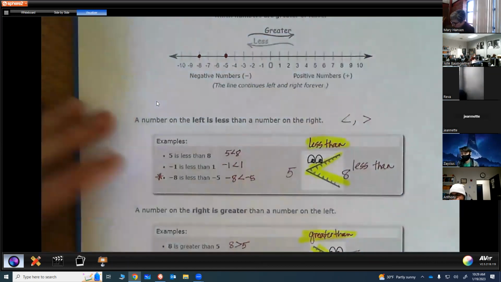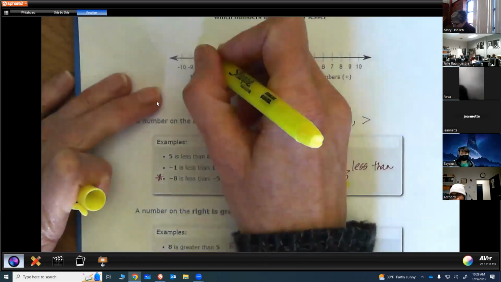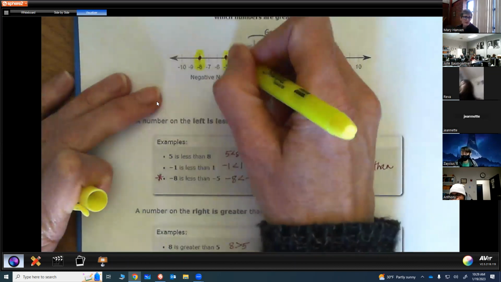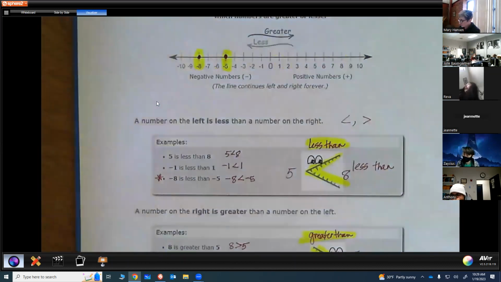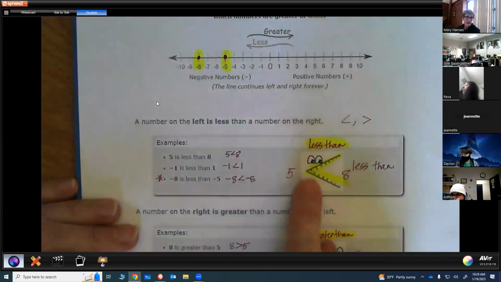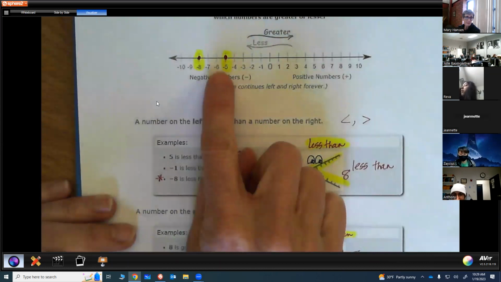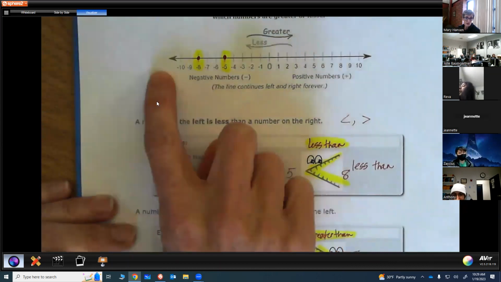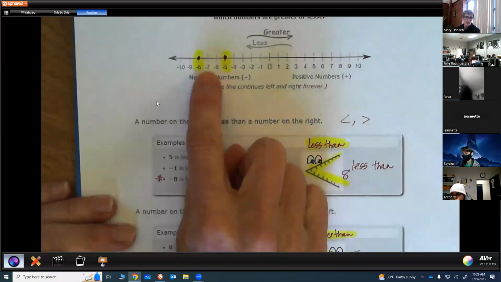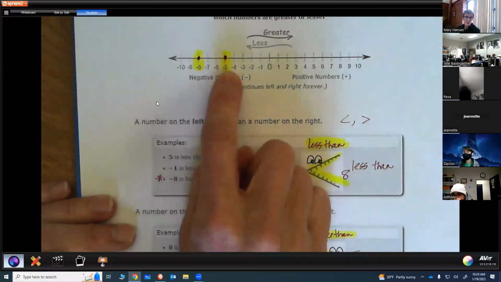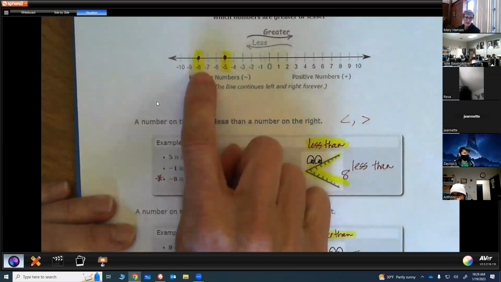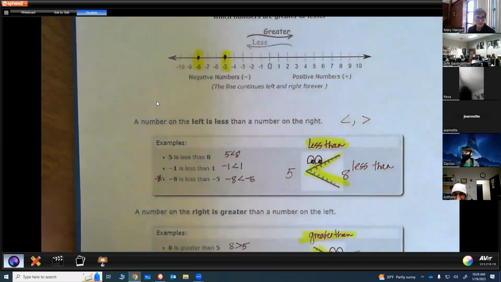So, for example, if you look at 8 and 5, 5 is less than 8. But when we move to the negative end of things, the bigger that number is, the smaller it gets. So from the number line, you can actually see that -5 is bigger than -8 because it falls to the right of -8.